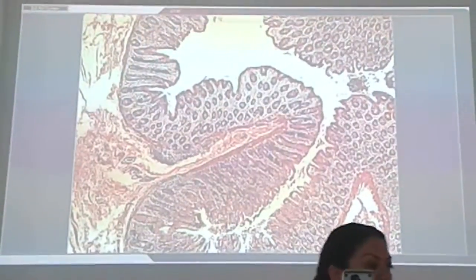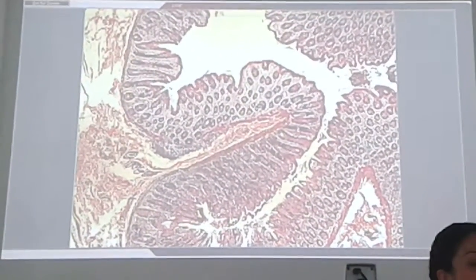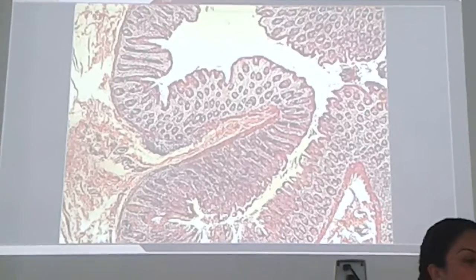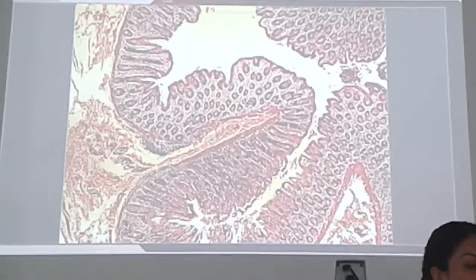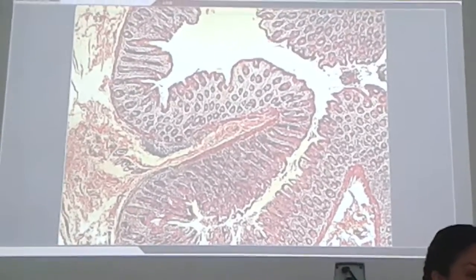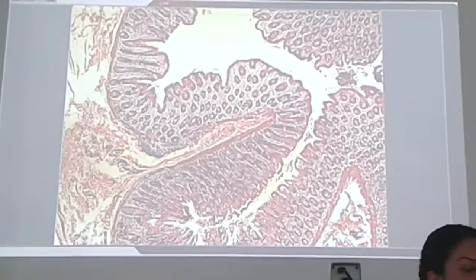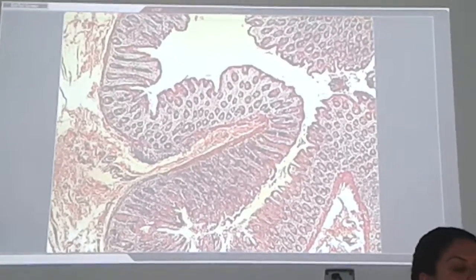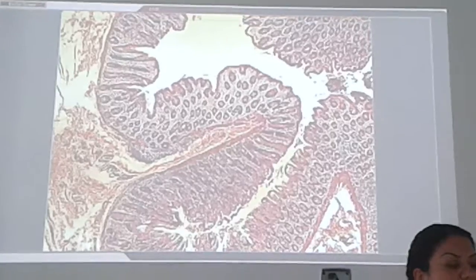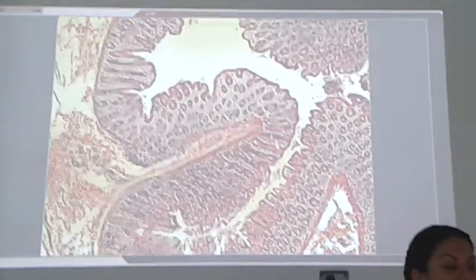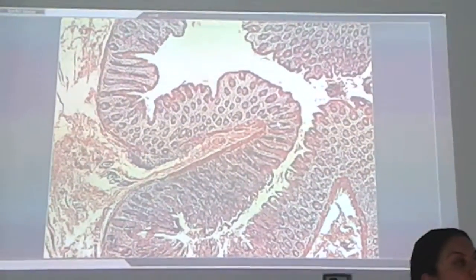And here, have a look. So this is the lumen of the large intestine, and this is the crypt, okay? This is the plica circularis, the foldings of the mucosa and submucosa. And remember, what did I tell you?